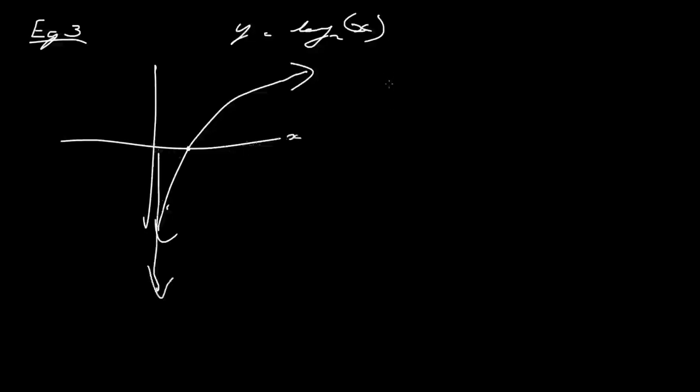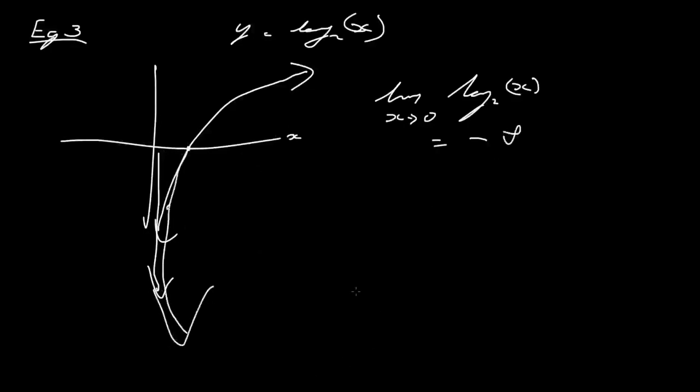Okay, so mathematically that is written as the limit as x tends to 0 of log 2x is equal to negative infinity. Because as x goes to 0, log 2x goes down to negative infinity.